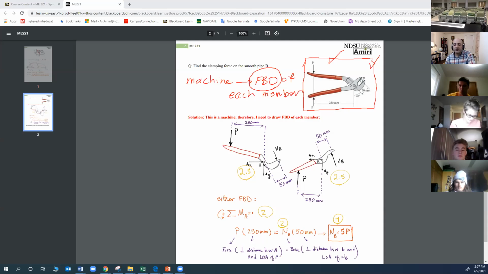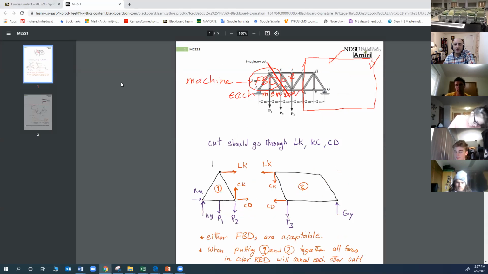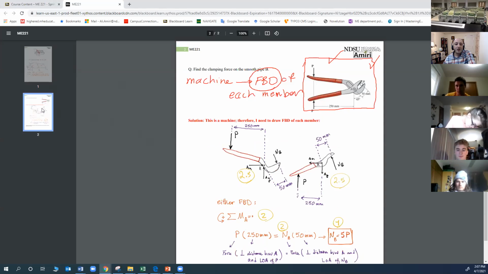So the reason we create a free body diagram, we take these apart, all of these trusses, any problem that we do, is to reveal the forces that we are looking for. Okay.